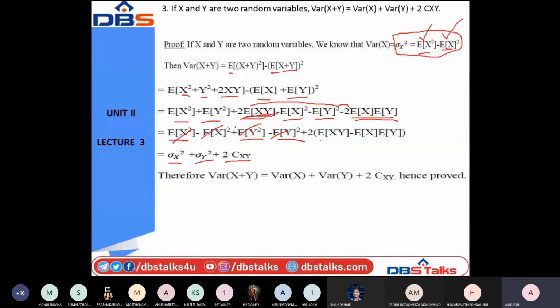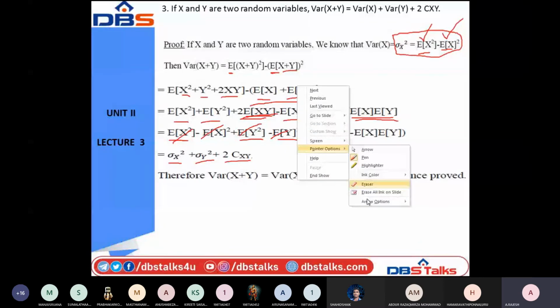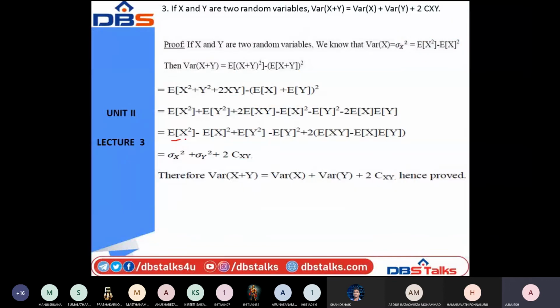See here, E of X square minus E of X whole square can be written as sigma X square, and E of Y square minus E of Y whole square can be written as sigma Y square, and this value will be written as 2 into Cxy.